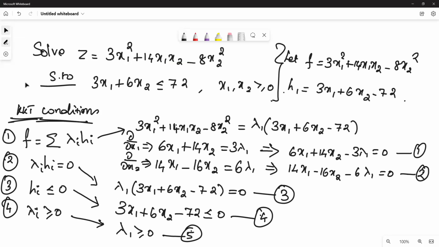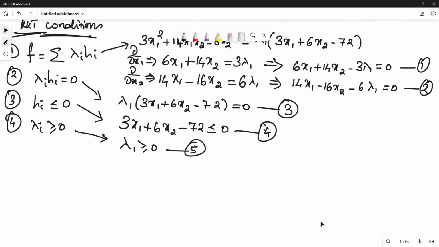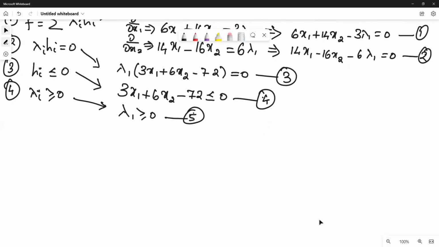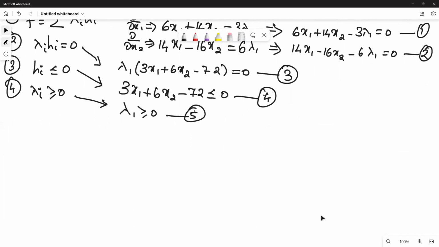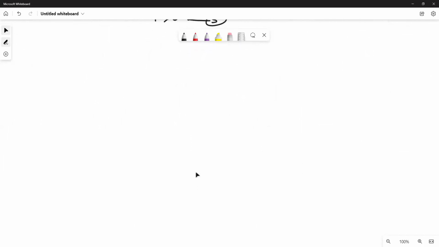So now let us use the equations to find the unknowns x1, x2, lambda 1, and simultaneously we will check the conditions also. To do so, we are going to divide the problem into a number of cases. The number of cases depends on the number of multipliers we have.